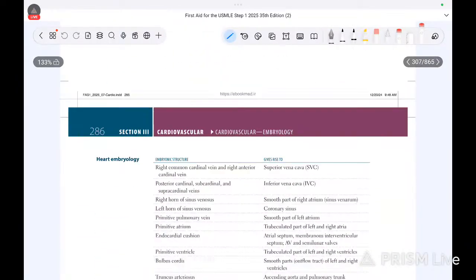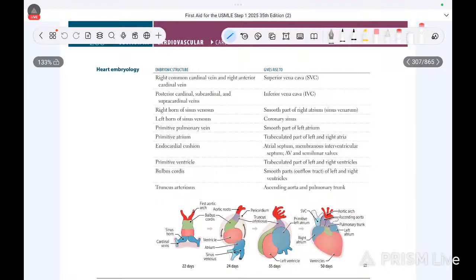Okay, coming to the next part, there are some embryological structures and what they give rise to in the future. The right common cardinal vein and right anterior cardinal vein together form the superior vena cava. These are the cardinal veins, the right common and the right anterior cardinal veins.